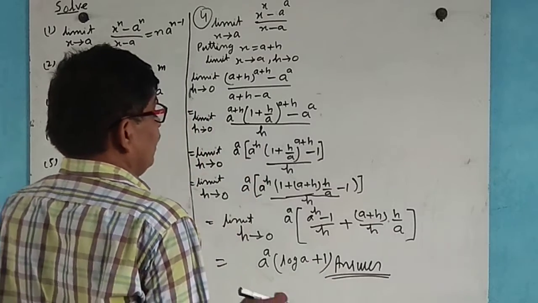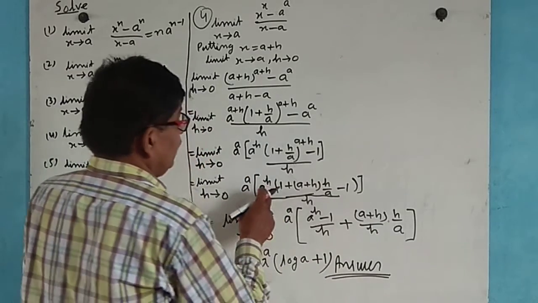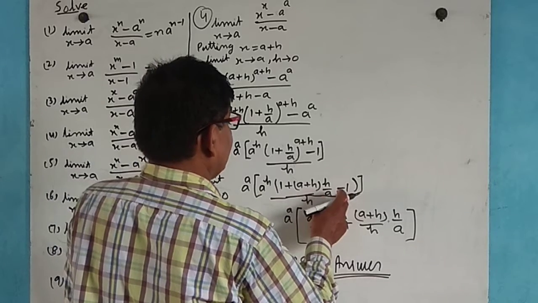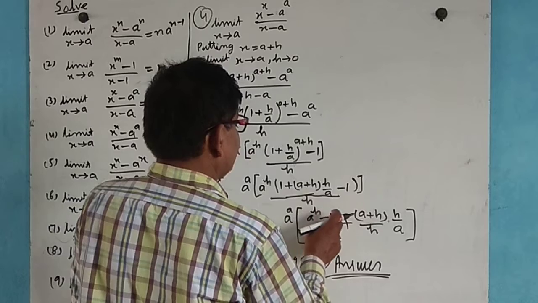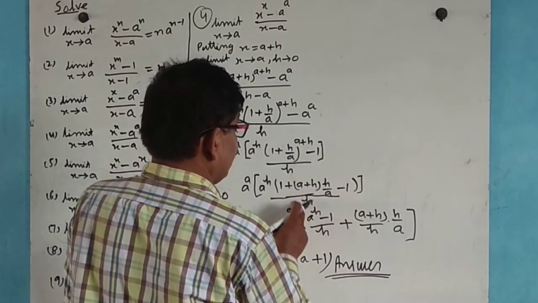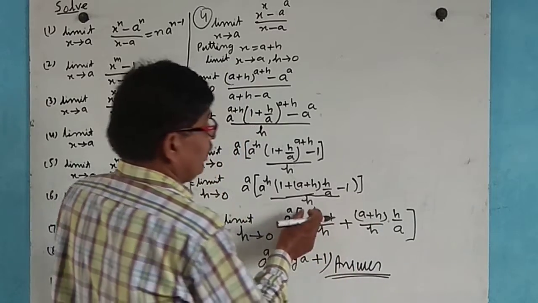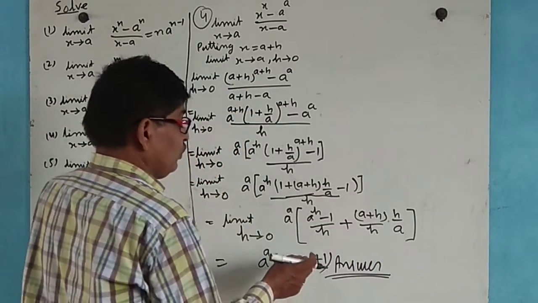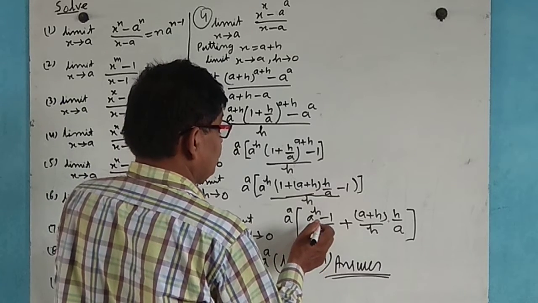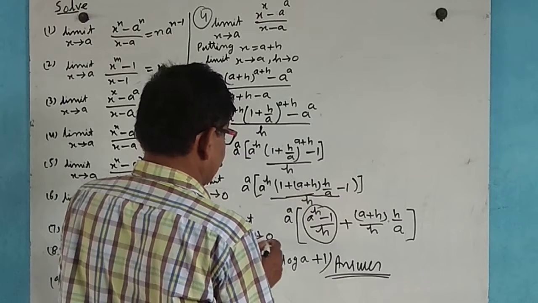is now multiply this here, a to power h minus 1, a to power h minus 1 divided by h, plus this a plus h by a divided by h. Now this is equal to limit h tends to 0.